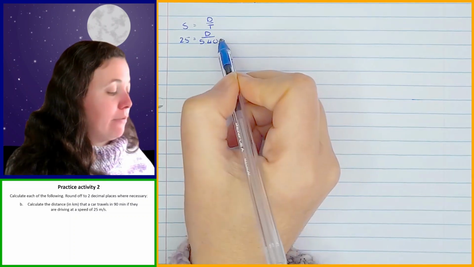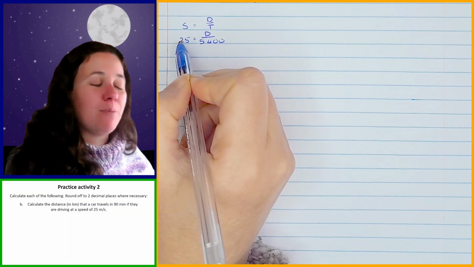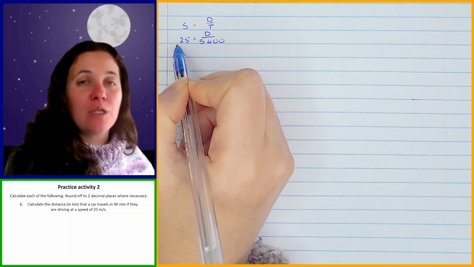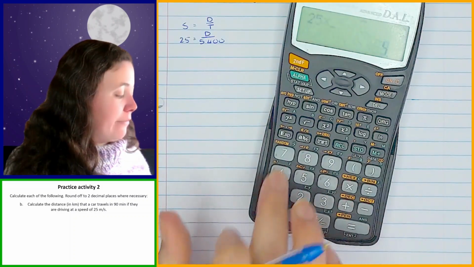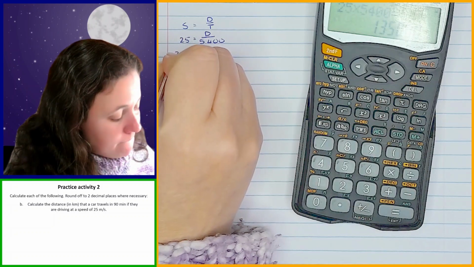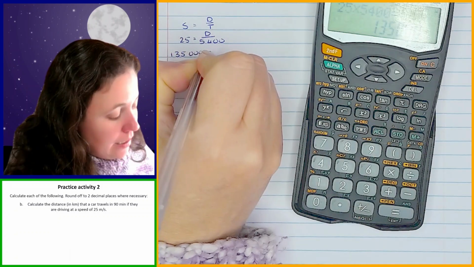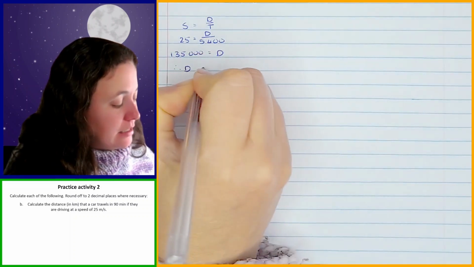I'm going to multiply by 5,400 here to cancel it out, and multiply by 5,400 on the left as well to keep it balanced. So 25 multiplied by 5,400 gives me 135,000, equal to the distance.